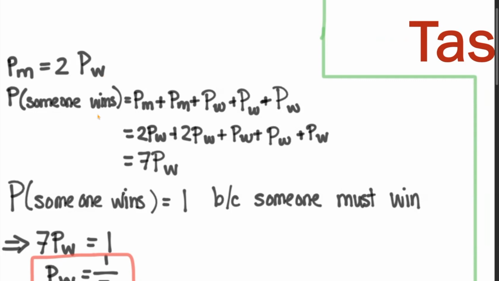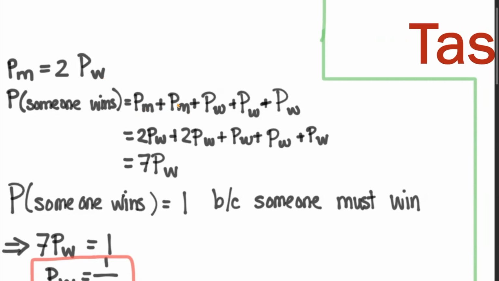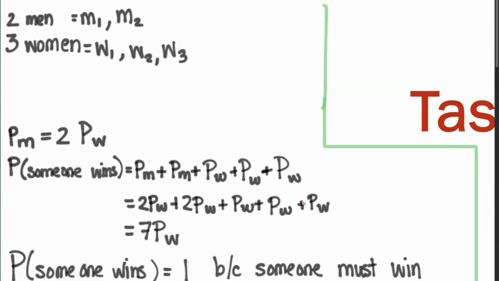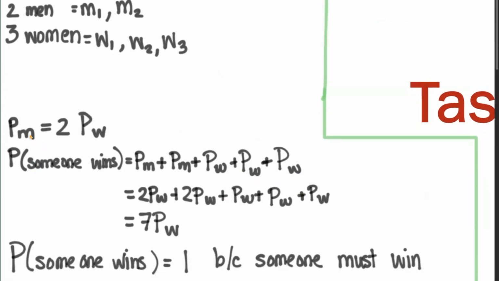And so the probability of someone winning is equivalent to PM plus PM, because we have 2 men, and then 3 women, so plus PW plus PW plus PW. And here we know that PM equals 2 times PW, so we can substitute 2 times PW for PM.